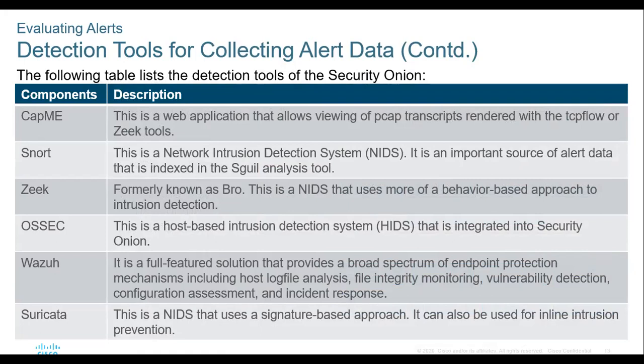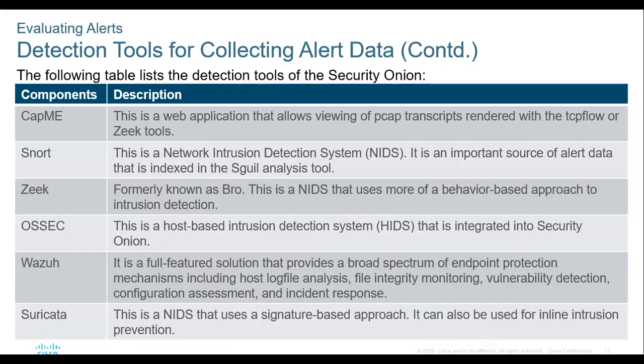So OSSEC requires an agent to be running on the Windows computers in the enterprise. The next one is Wazuh. Wazuh is a full-featured solution that provides a broad spectrum of endpoint protection mechanisms, including host log file analysis, file integrity monitoring, vulnerability detection, configuration assessment, and incident response.